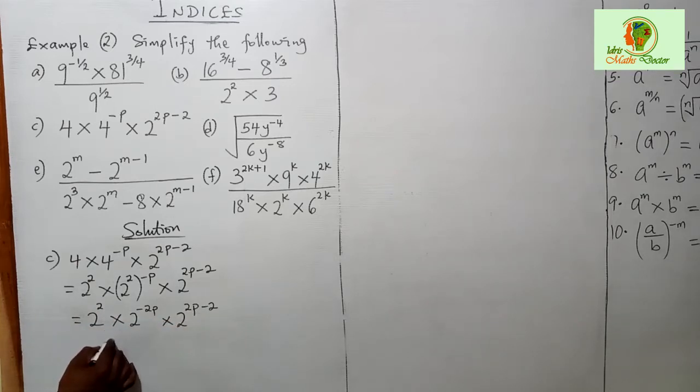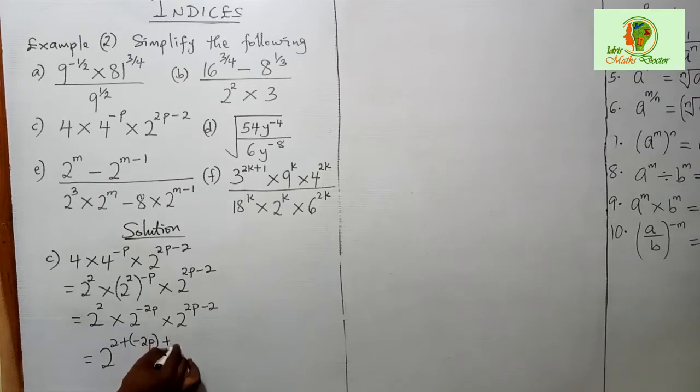So that gives us 2 plus minus 2p. Differentiate the sign by introducing a bracket, plus bracket open 2p minus 2. Now, 2 raised to power 2 plus minus 2p plus 2p minus 2.